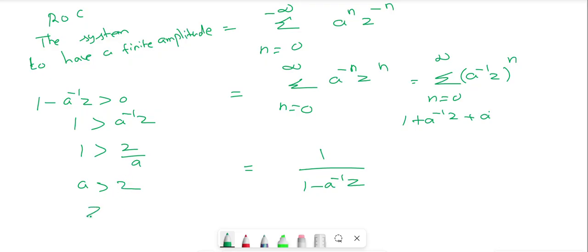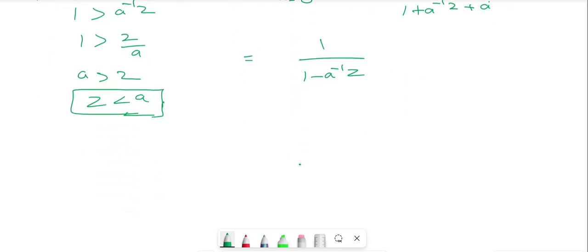Similarly for the other problems, you should know how to change the limits. So the ROC is less than a, where the z values should be less than a.